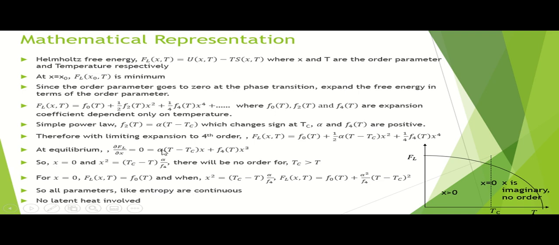By using that condition we can find the values of x at different temperatures and at different points in this FL versus T diagram, and then we get the expression for FL during the phase transition and before and after it. Alright, so this is all about the Landau theory of phase transitions, and we will stop here.